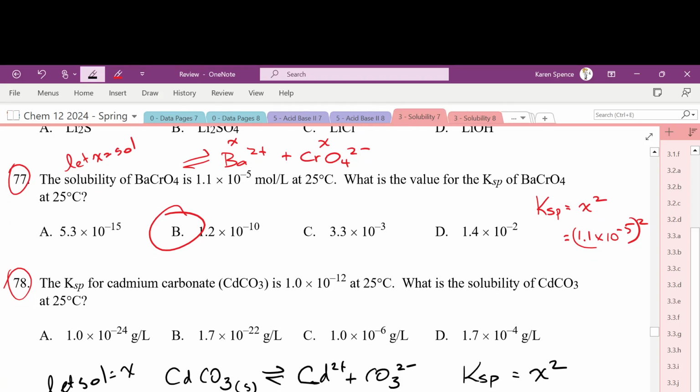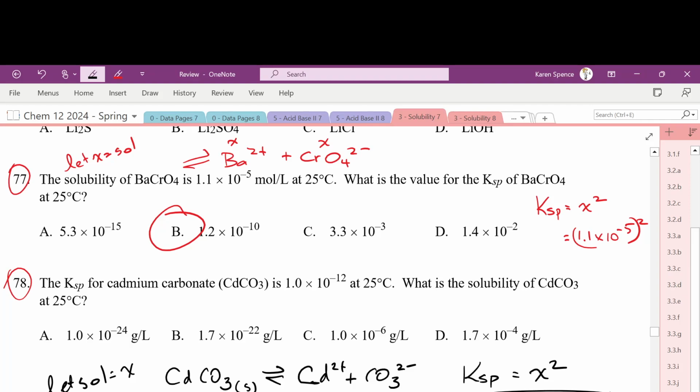And the KSP is 1 times 10 to the negative 12. So that's equal to X squared. So X then is equal to the square root of 1 times 10 to the negative 12, which is 1 times 10 to the negative 6. And that is moles per liter.